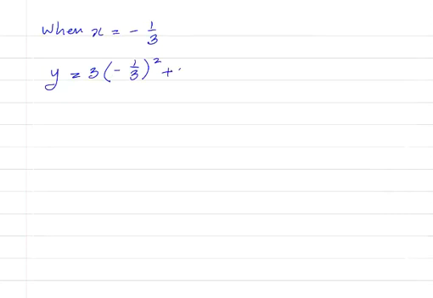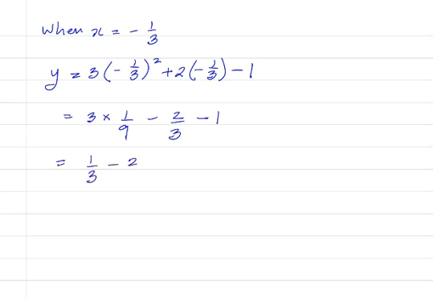So this is 3 times 1 over 9, minus 2 over 3, minus 1. So this is 1/3 minus 2/3 minus 3 over 3.